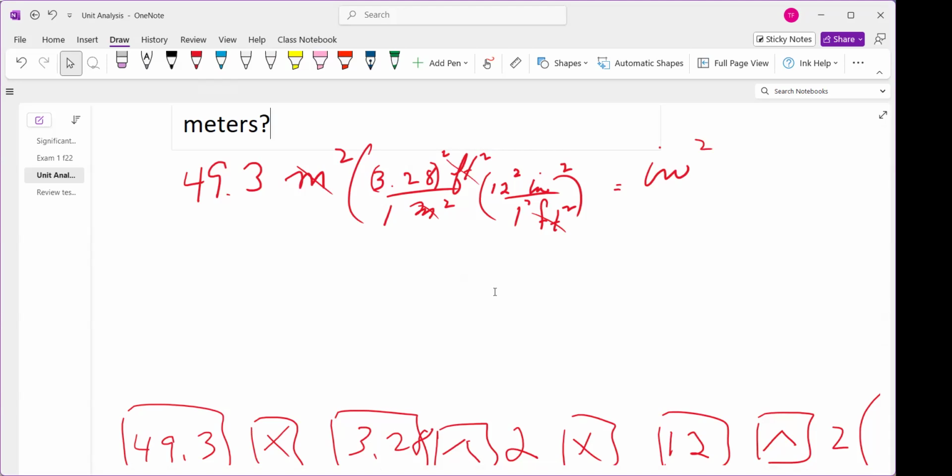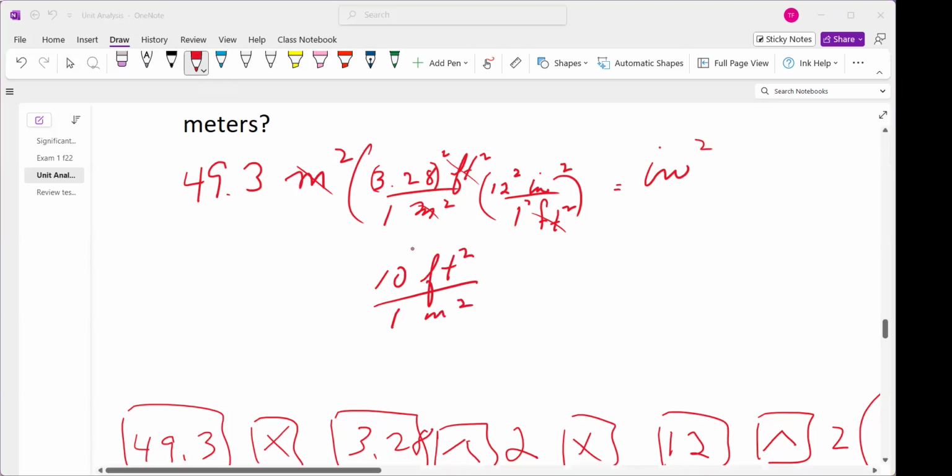Basically, it's 10. Do I square the 49? It's already been squared. So you don't do anything with the given. So it's 49.3.